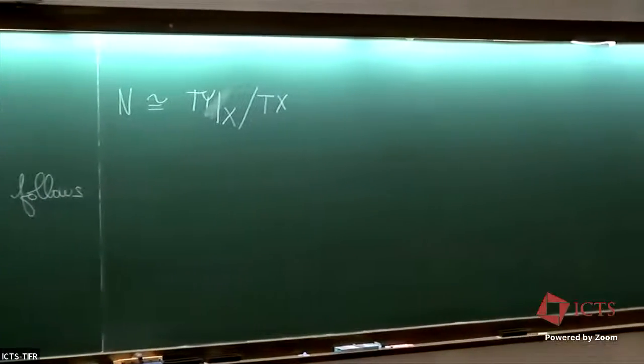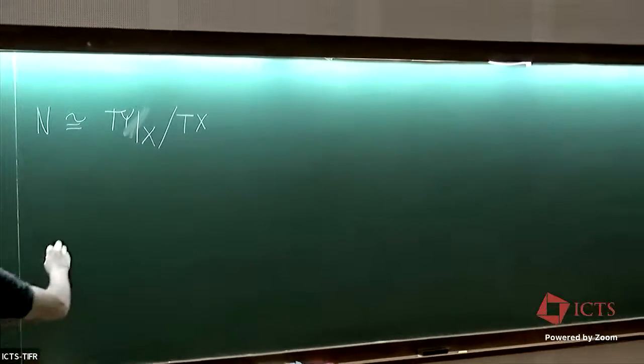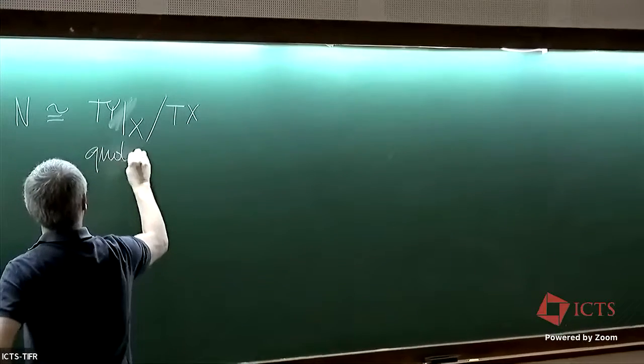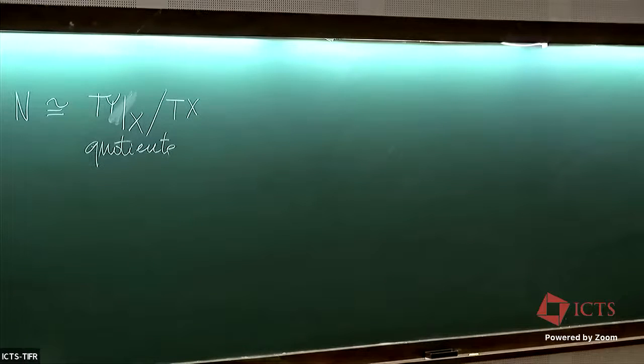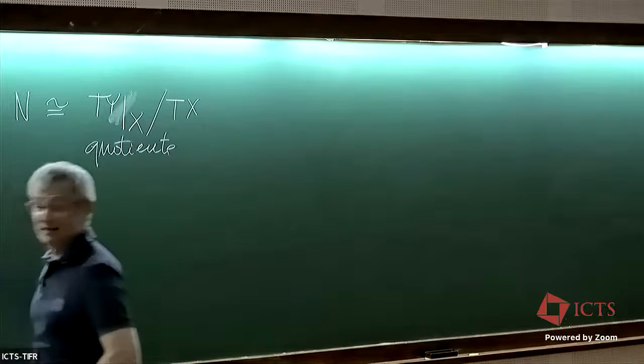So I will usually think of it as a quotient, and I will denote this map by pi, although in the original sense, pi of a vector is its perpendicular component.